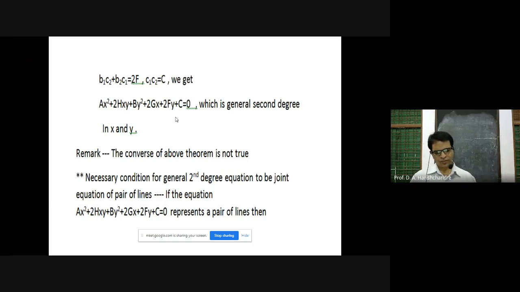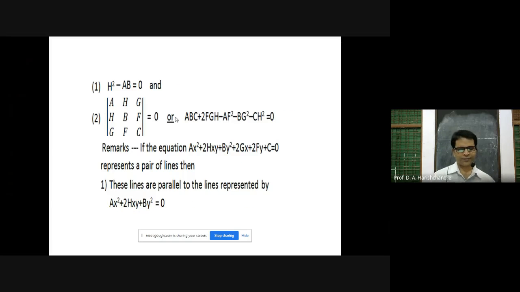Okay, so if the equation ax square plus 2hxy plus by square plus 2gx plus 2fy plus c is equal to 0 represents a pair of lines, then number 1, h square minus ab is greater than or equal to 0, and number 2, determinant of a h g, h b f, g f c is equal to 0, or abc plus twice fgh minus af square minus bg square minus ch square is equal to 0.